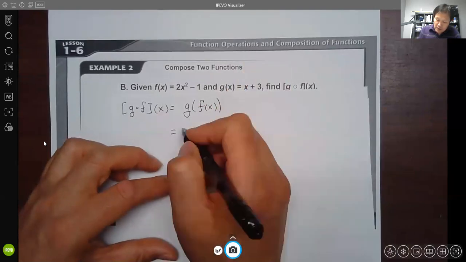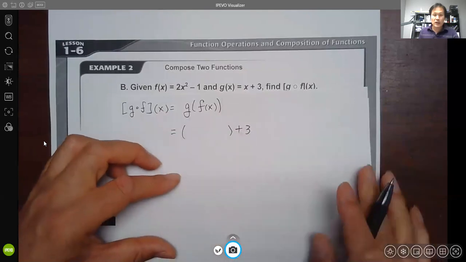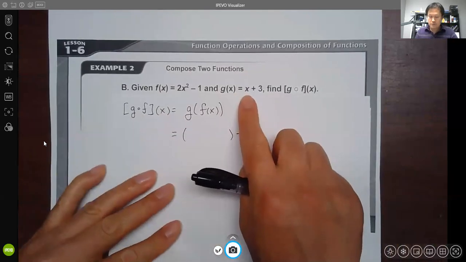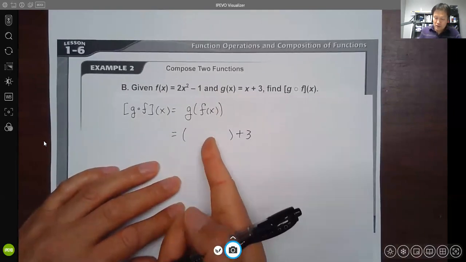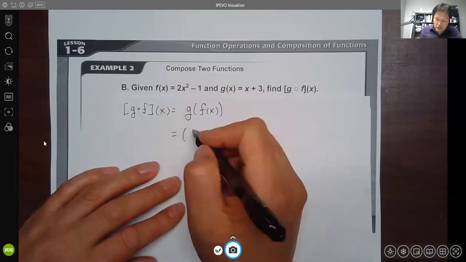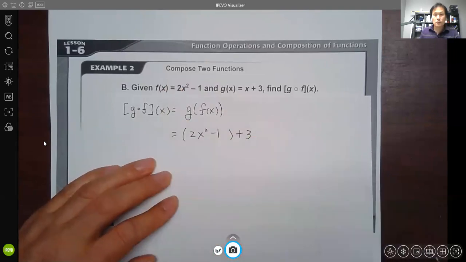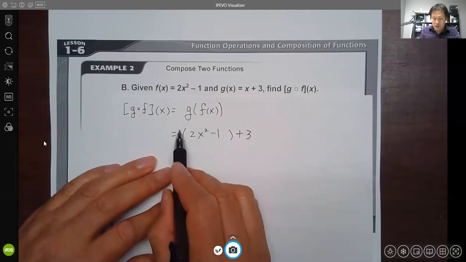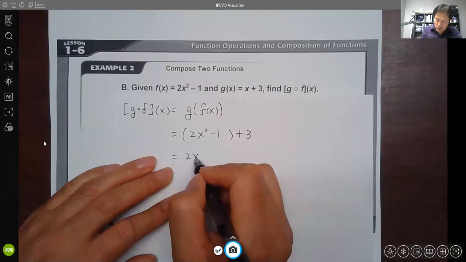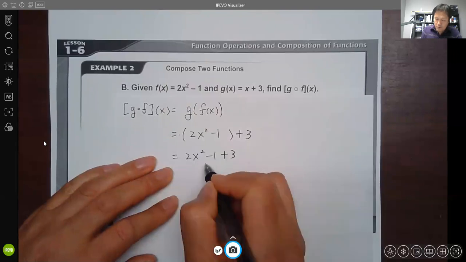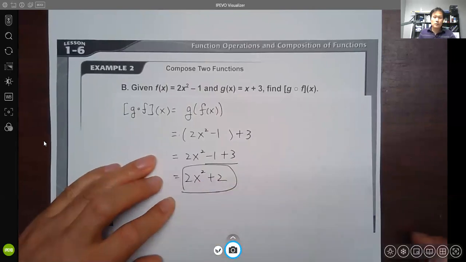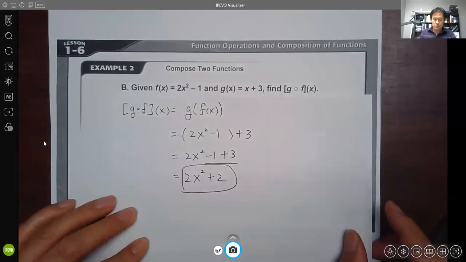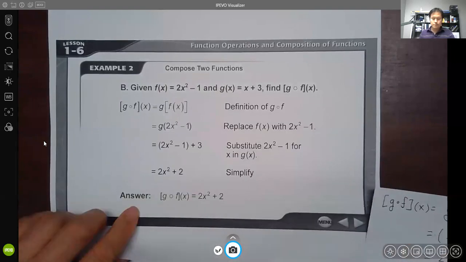Copy down g as it is, except instead of x plus 3, you're writing parentheses. And inside the parentheses, you're going to plug in f, which is 2x squared minus 1. In front of a parenthesis, if there's nothing there, that means 1. So distributing 1 doesn't change anything. Just get rid of the parentheses. Combine like terms here. That would be it. That was a lot easier because you didn't have the distribution there.